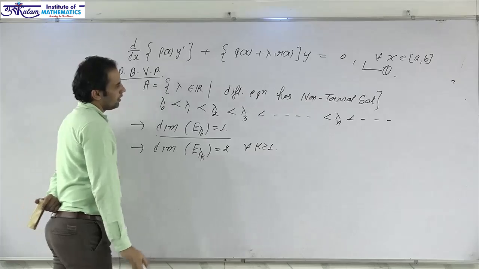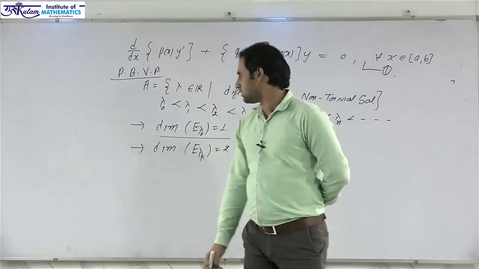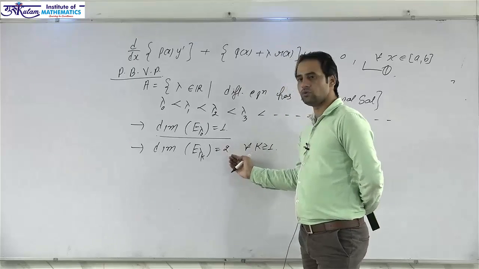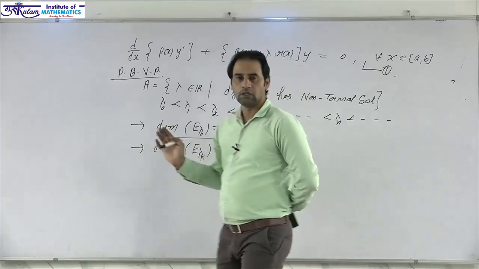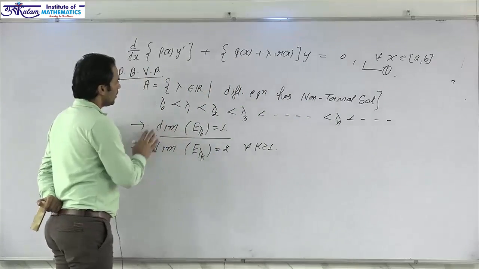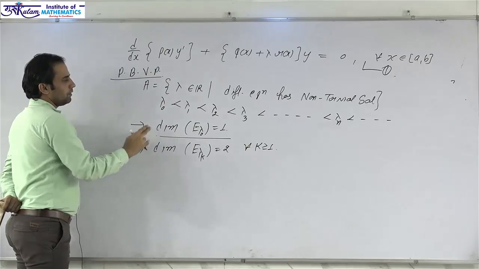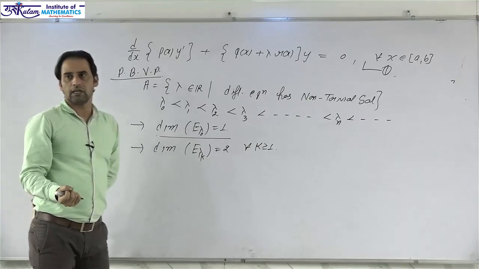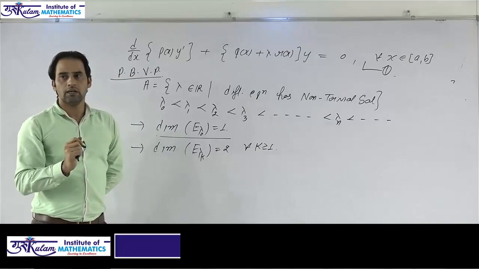That is, other than the least eigenvalue, the dimension of each eigenspace is exactly 2. So these are two main properties for periodic boundary value problem, and based on them we can verify whether a negative eigenvalue exists or not, provided 0 is an eigenvalue.